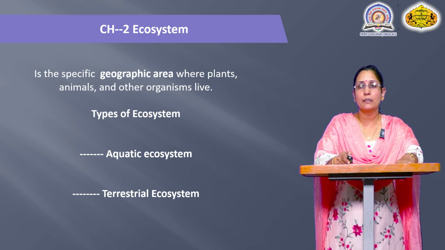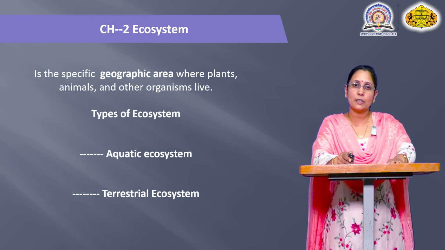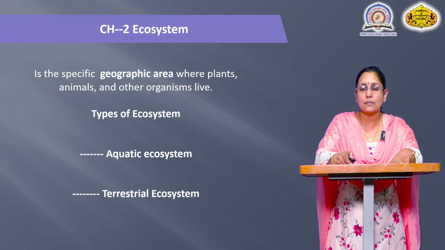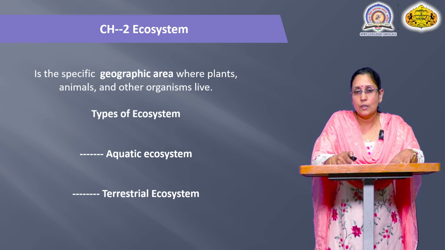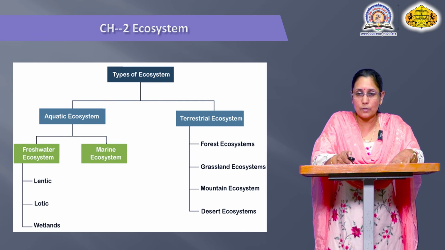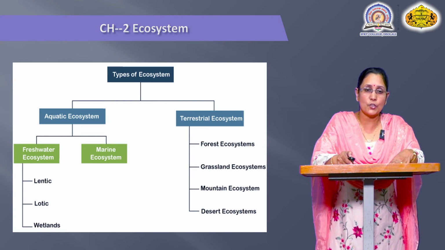So scientifically, the ecosystem, according to the type of organism, the landscape, etc. or environment, is divided into two major types. So what are the types of ecosystem? First is the aquatic ecosystem and second is the terrestrial ecosystem. So this is the chart where you can see the various types of ecosystems, right?